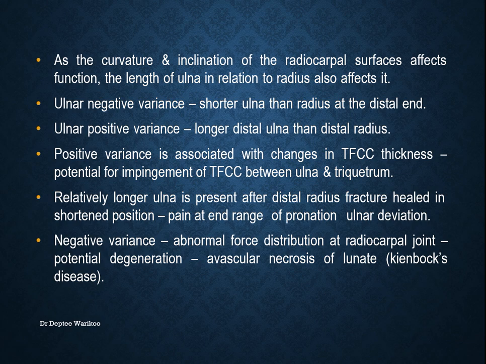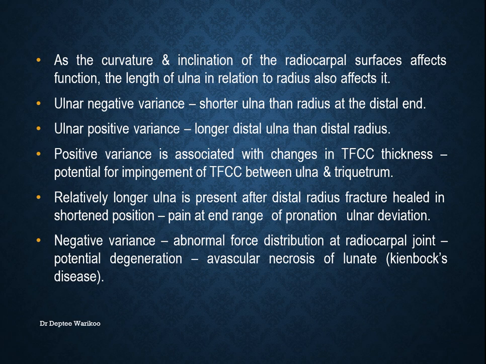As the curvature and inclination of the radiocarpal surfaces affect the function, the length of the ulna in relation to the radius also has a lot of effect on your joint. Not only the curvature but this length also affects it. So we have two types of things to consider.